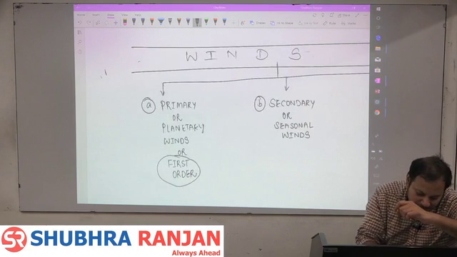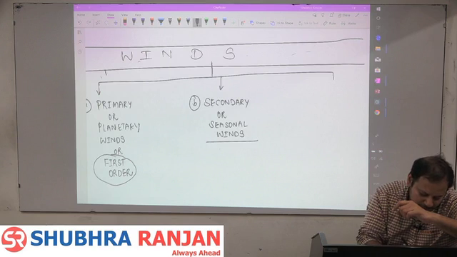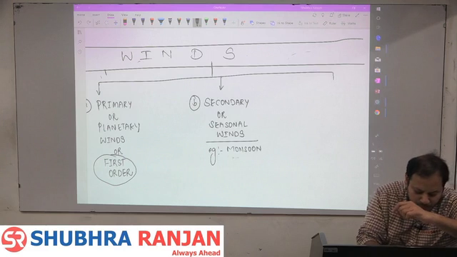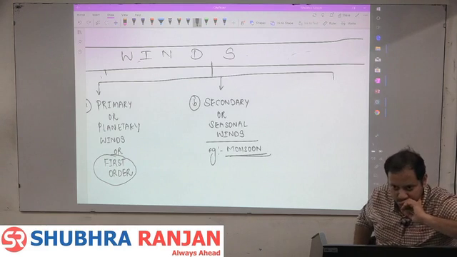And our example in this is monsoon winds. That is why we'll do the Indian monsoon only when we do the monsoon winds. Fine.